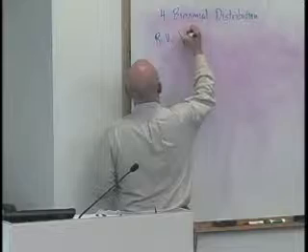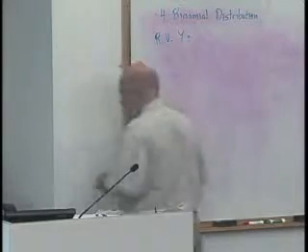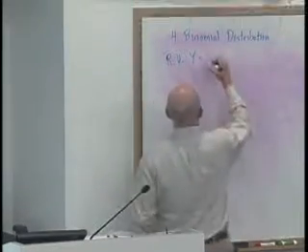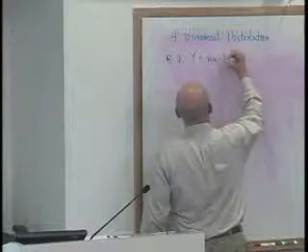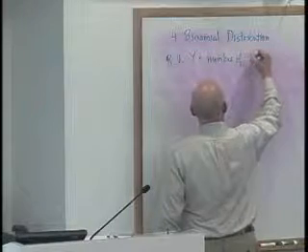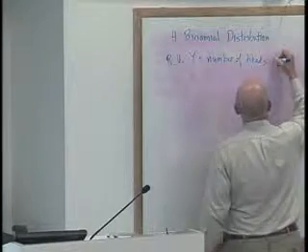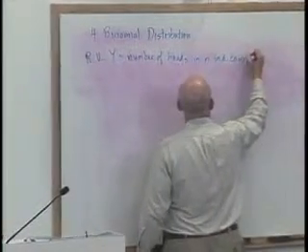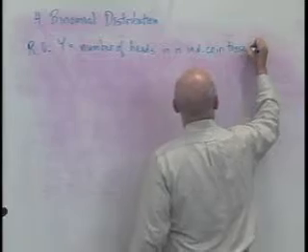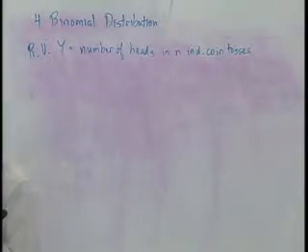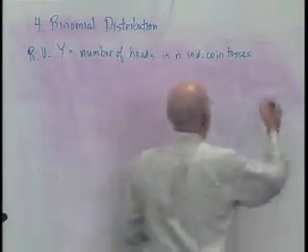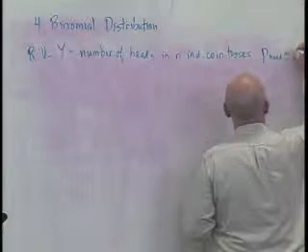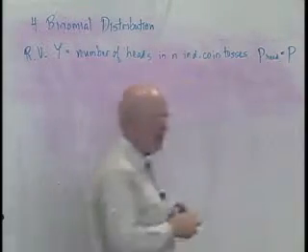So let me give you an example. Here's a random variable, I'll call it y, and I'm going to define y to mean the number of heads in n independent coin tosses. And just to keep things reasonably general, let's assume that the probability of a head is represented by p.